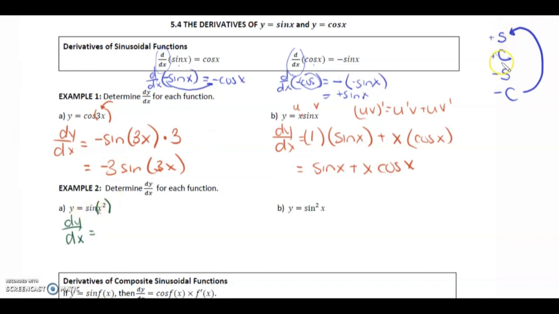Derivative of sine is just cos. So cos, we write it as it is, x squared, but then we have to take the derivative for chain rule of the x squared, which is 2x. So this is 2x cos x squared.